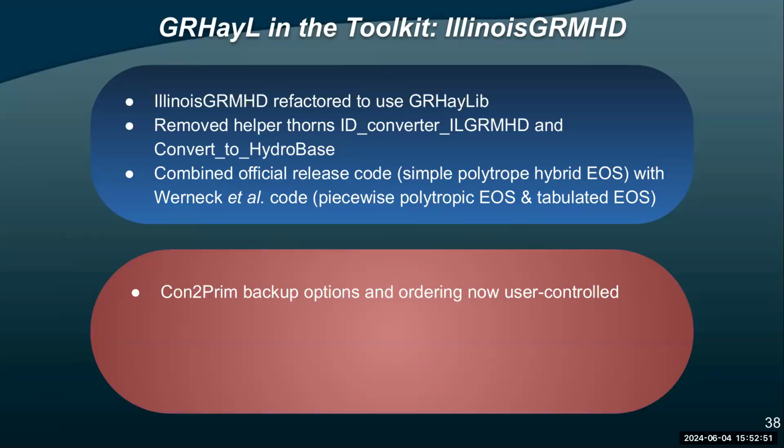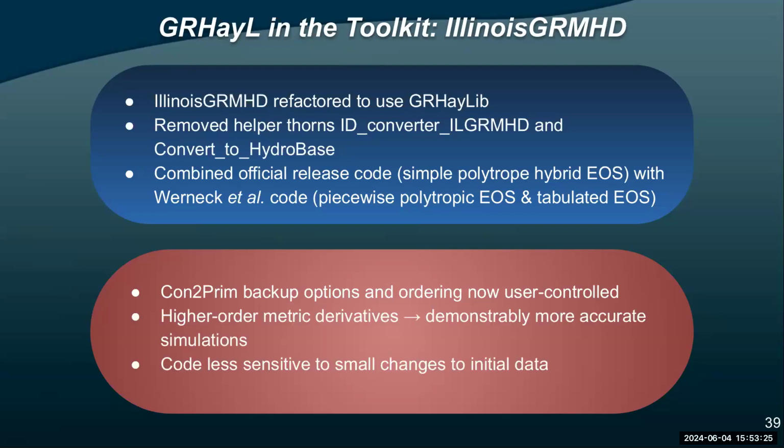And this also lets you have more con2prim backup options and lets you control what's happening in con2prim more. Before it was all hard-coded, but now you can decide what con2prim routines you want to use and in what order. And so it basically lets you try out new methods. Let's say a new con2prim is added to GRHayL, then you can immediately use it with this thorn. You don't have to do anything special. It just calls the GRHayL con2prim routine.